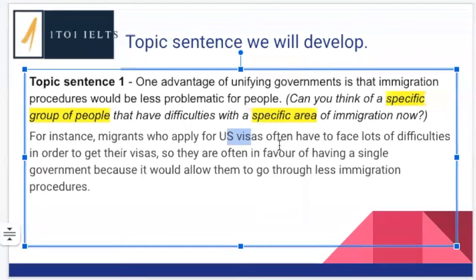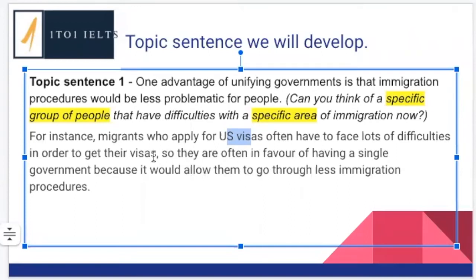I think this is good. Is it relevant? Would the one world government fix this issue? So I think it's relevant.